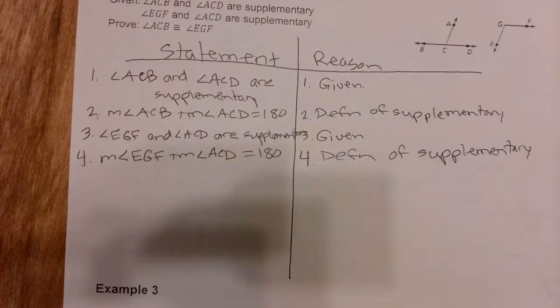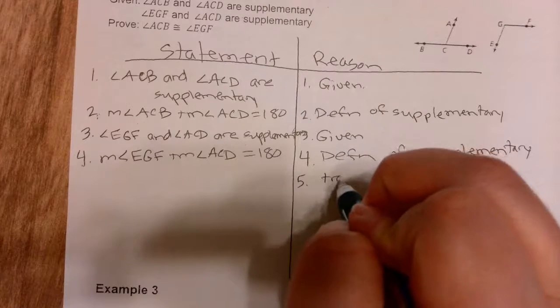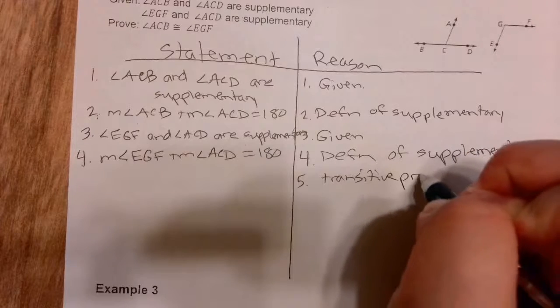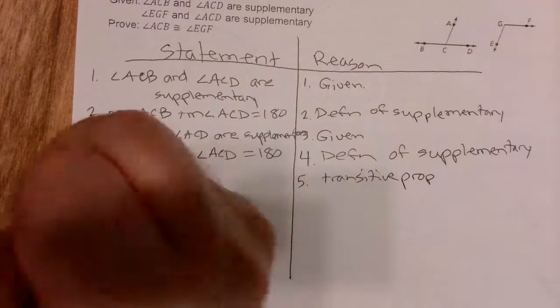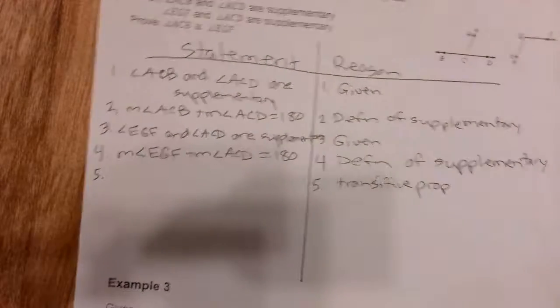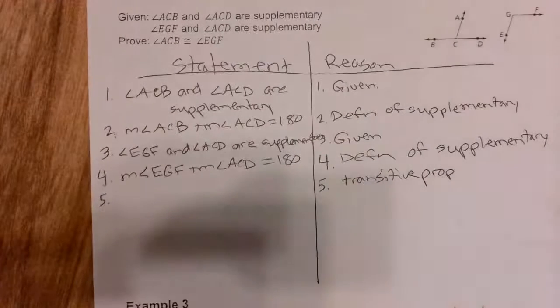Let's use that. Transitive property. P-R-O-P for property. And the transitive property allows us to remove the part that repeats. So the 180 and the 180, that's the part that repeats.